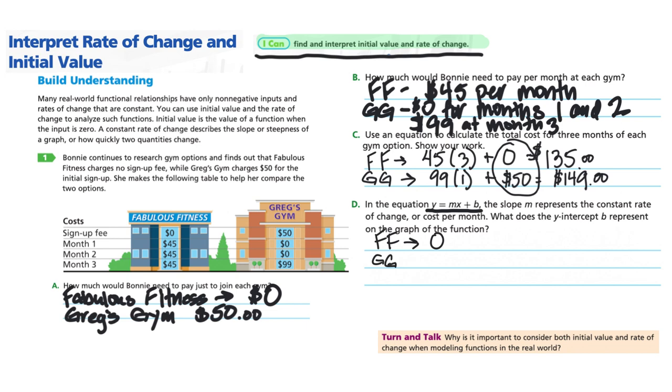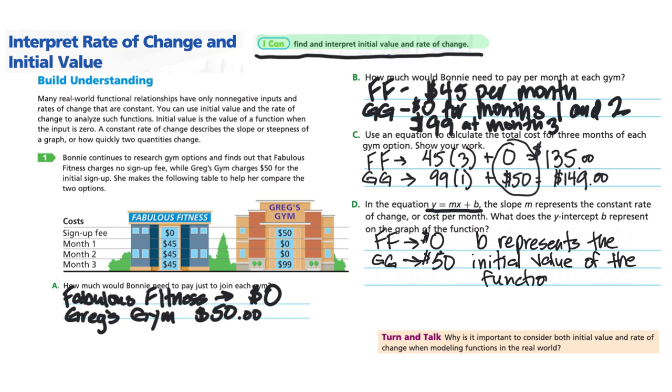And for Greg's Gym, the initial cost is $50. So one way you could say it, b represents the initial value of the function. So basically just what it would cost just to join the gym.